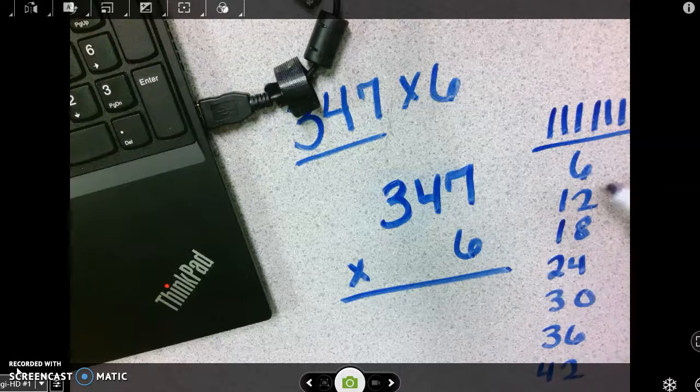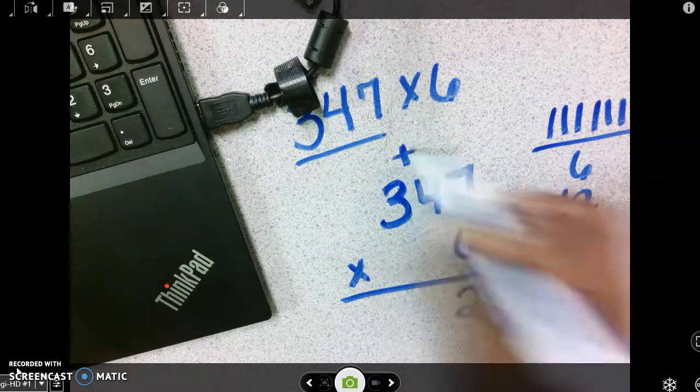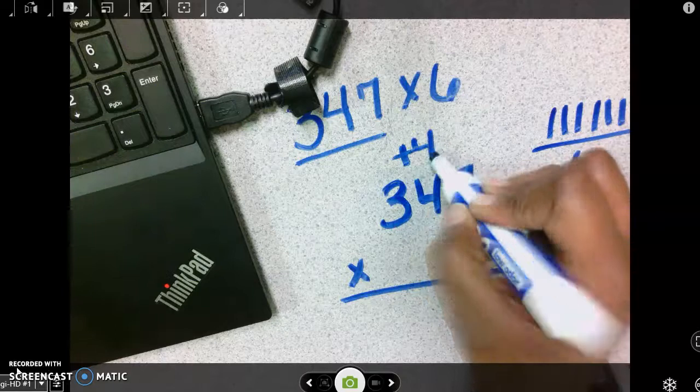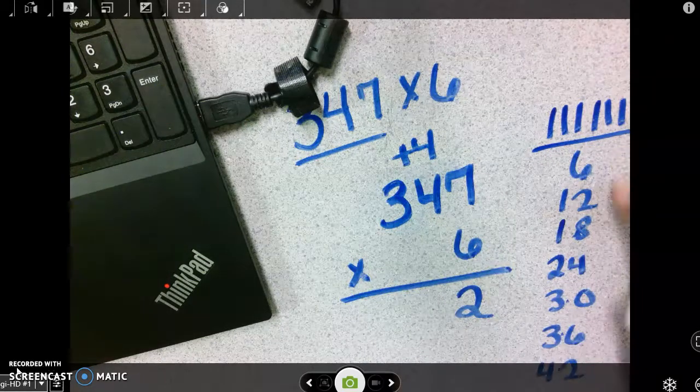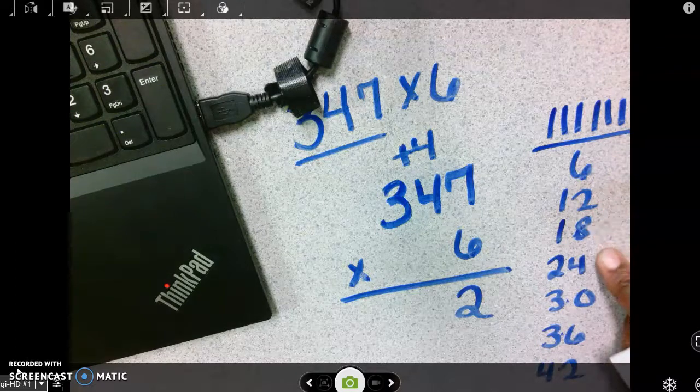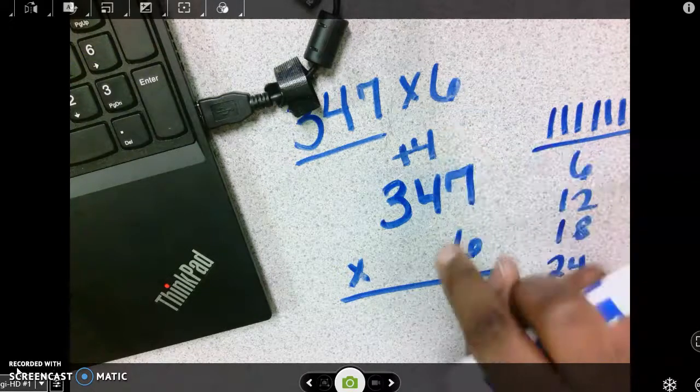So I have skip counted 7 times. Now, 7 times 6 is 42. I put my 2 here and I regroup my 4. Now I have 4 times 6. Well, I already have my work done here. 1, 2, 3, 4 is 24 plus the 4 I had to regroup gives me 28.